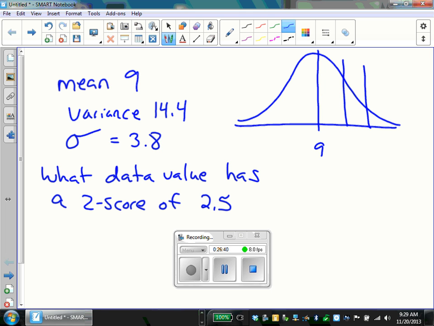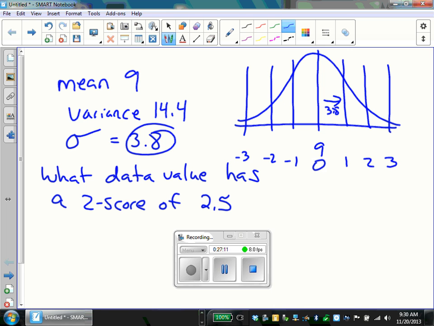One, two, three to the left, one, two, three to the right: 0, 1, 2, 3, negative 1, negative 2, negative 3. Now, how big is our step worth? It's worth 3.8. A lot of you only did 1. Why did we do 1 on the last one? Because the standard deviation was 1. This time the standard deviation is 3.8. That is how big your step, how big the gap is.